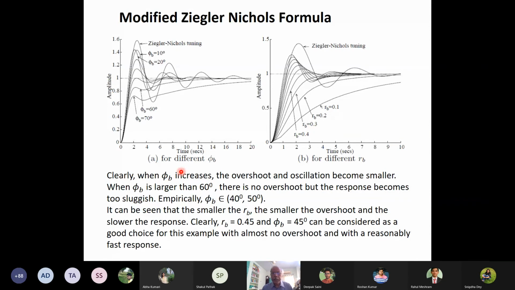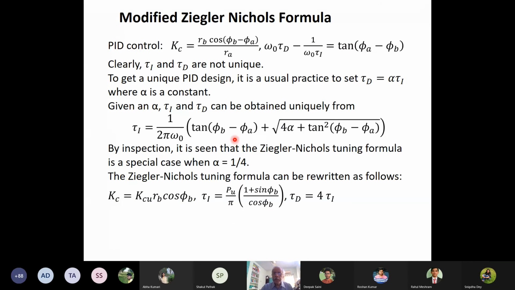We can get the Kc, tau n and tau d based on the specifications of phi V and RB. If I specify phi V and RB, then we can know tau I and Kc, because phi A and RA are the process parameters, which are already known to us.